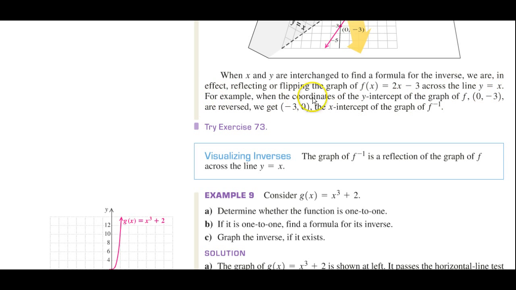So, for example, when the coordinates of the y-intercept of the graph is this, they are reversed to get the x-intercept of our inverse function.